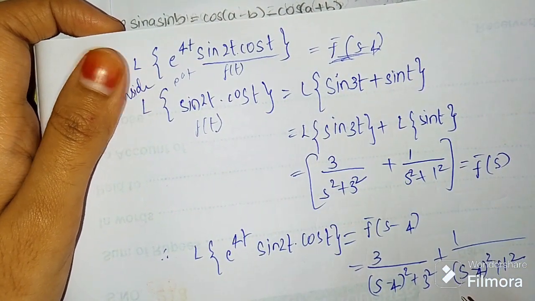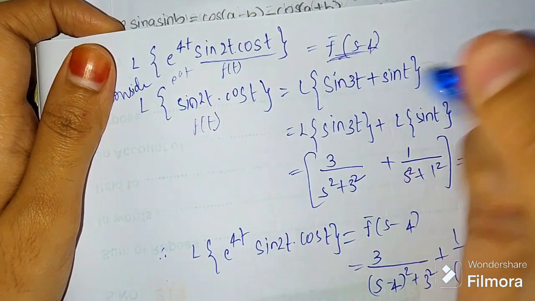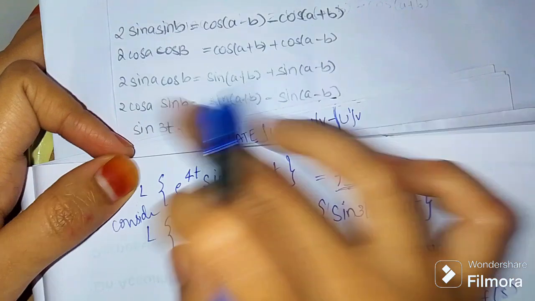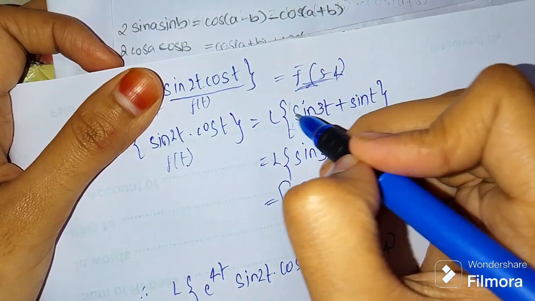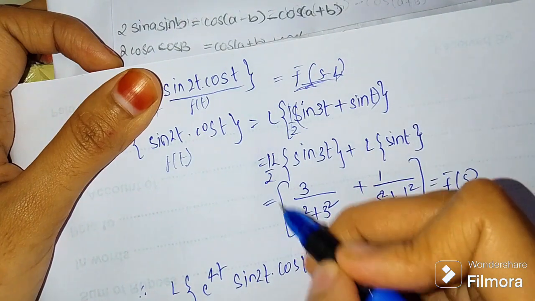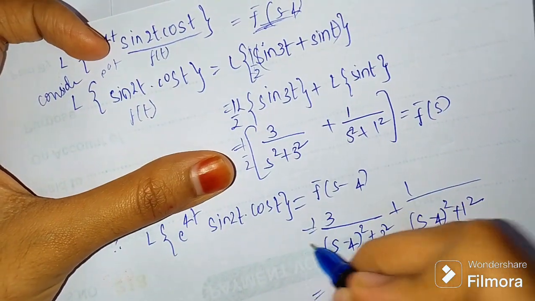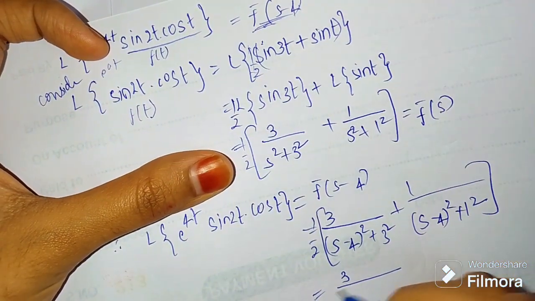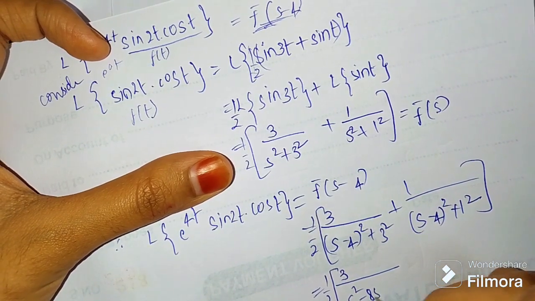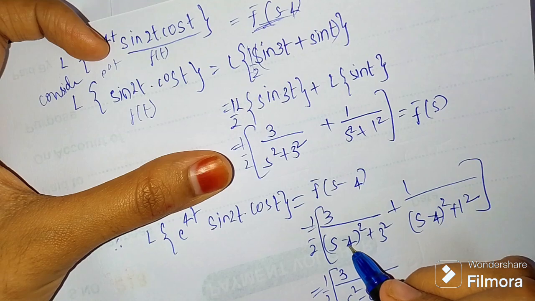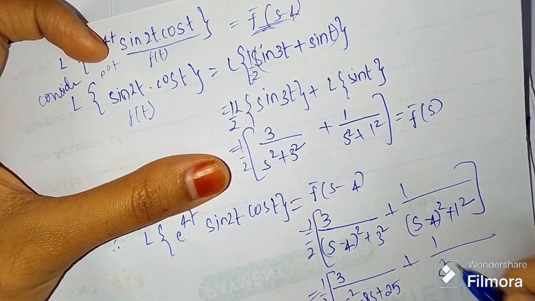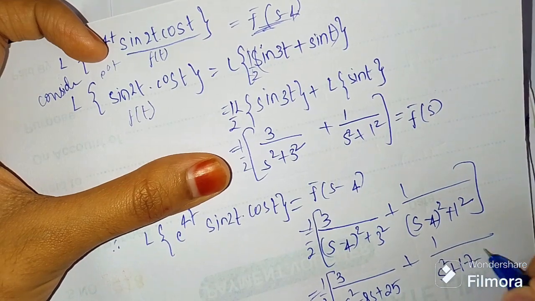So this is 1 by 2, right? Here we have 2. Sorry, very sorry, I should write here 1 by 2. So don't forget 1 by 2 times: s square minus 8s plus 16 plus 9, 25, and s square minus 8s plus 16 plus 1, which is 17. Over. This is your final answer.